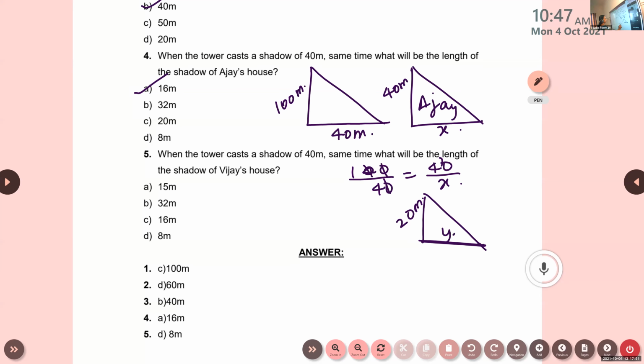So what will be the answer? 100 by 20 is equal to 40 by y. Again, zero you can cancel. When you cross multiply this, y is equal to 8 meters.